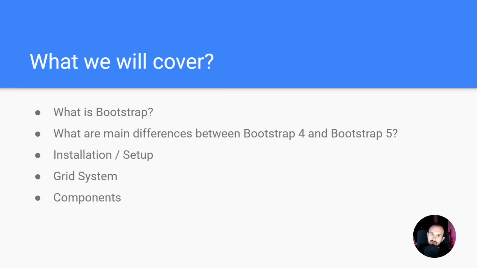So I'm gonna guide you through the installation, and show you how to install and add Bootstrap 5 into your project. And then I'm gonna show you the most popular components, starting with the grid system, which is the most crucial part of Bootstrap, I think its biggest feature, which makes it so popular. And then I'm gonna also show you other components, other helpers, other utilities which are available for you in Bootstrap.